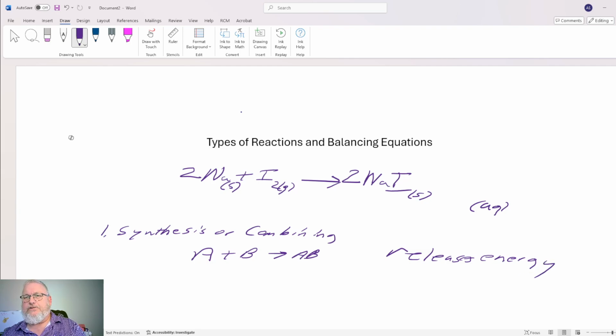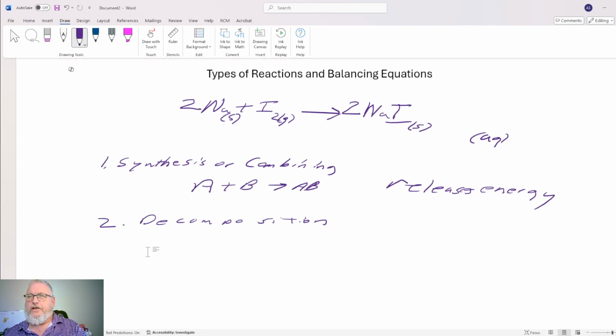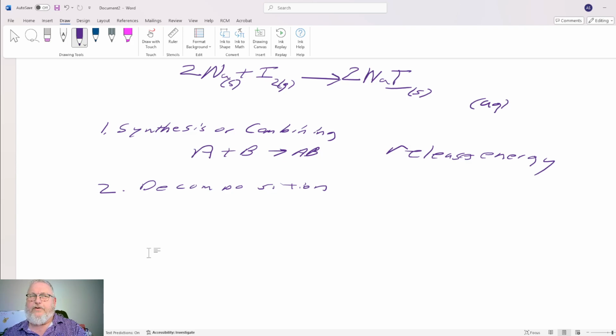All right. The second type of reaction, which you will see, is a decomposition reaction. Decomposition is the opposite of a combination. You're decomposing something, you're breaking it apart. Let's use that one example here.